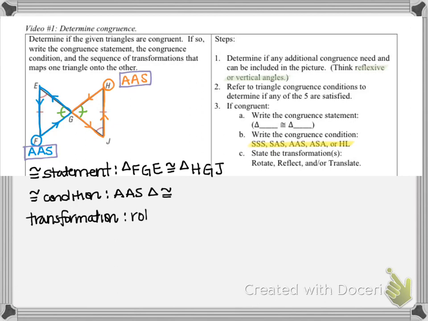So I would rotate, and I think it's about 180 degrees about point G. I can probably get the two triangles to line up.